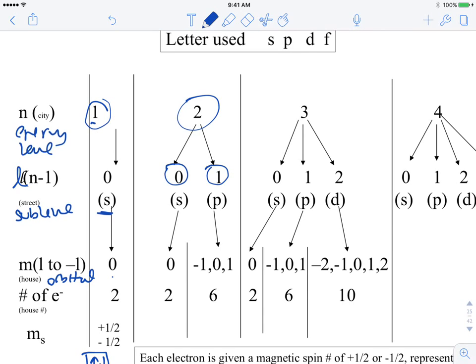Notice the second energy level has 2 sublevels. Well, how many orbitals do they each have? Well, let's see. S is plus or minus L, which is plus or minus 0, so that just has the 1 orbital. P has plus or minus 1, so it has -1, 0, and 1.